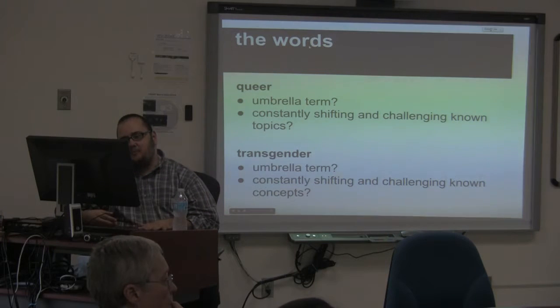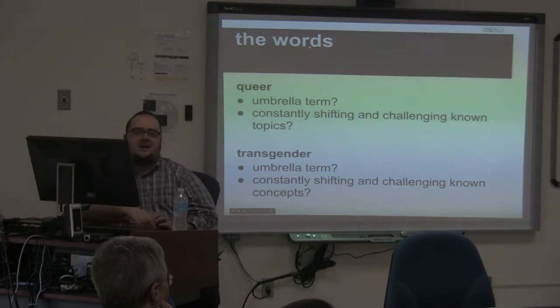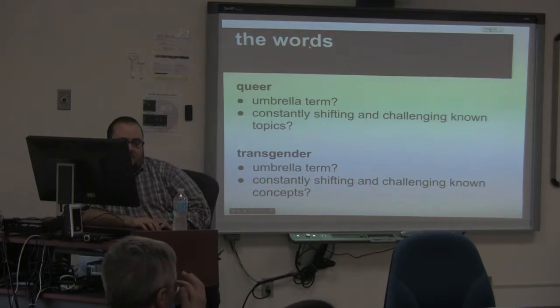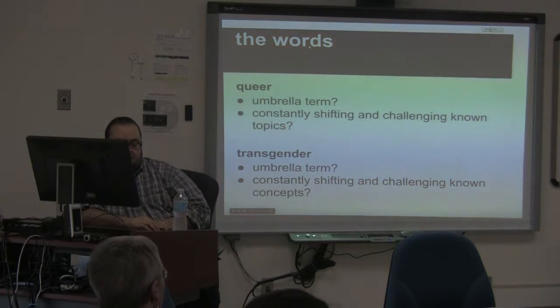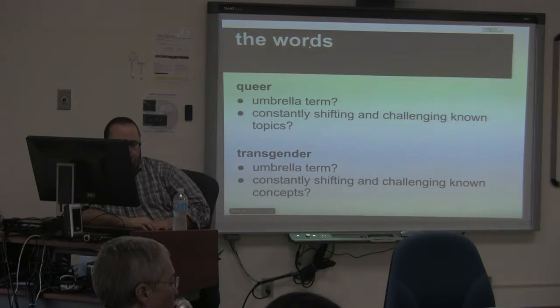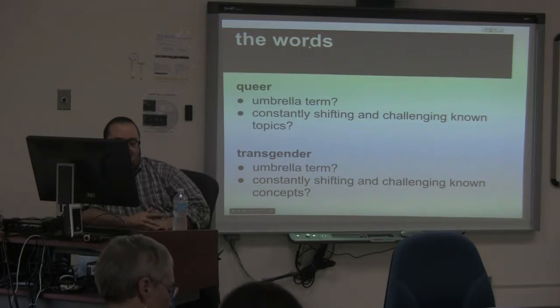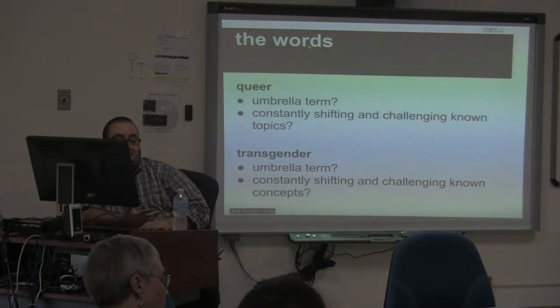And so transgender also over time became an umbrella term which included transsexual people. Its earliest use was for people who were cross-dressers, and people whose identities were gender variant or gender non-conforming in one way or another.